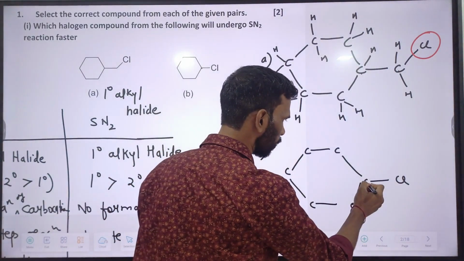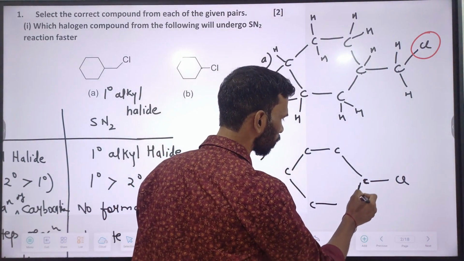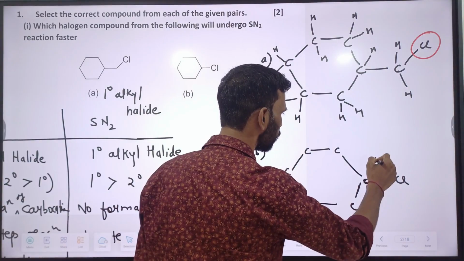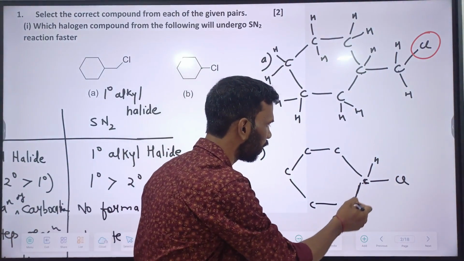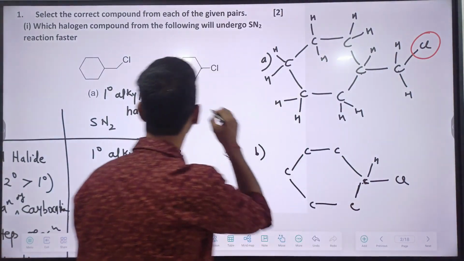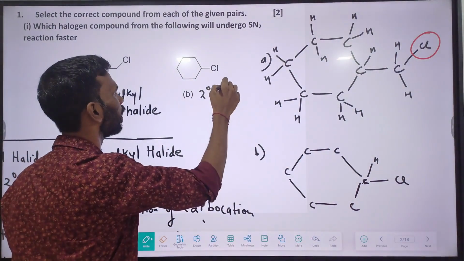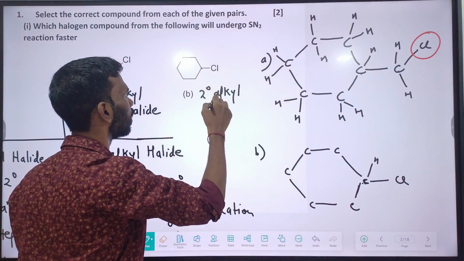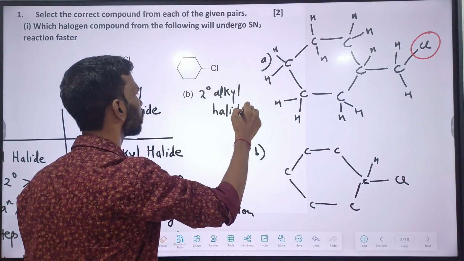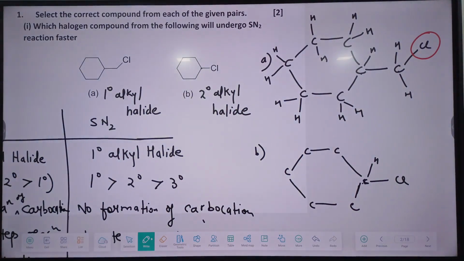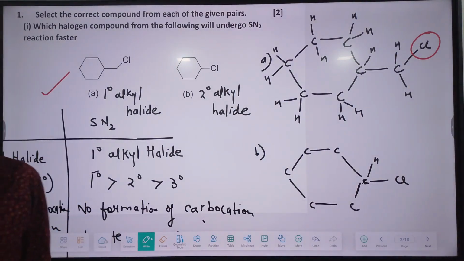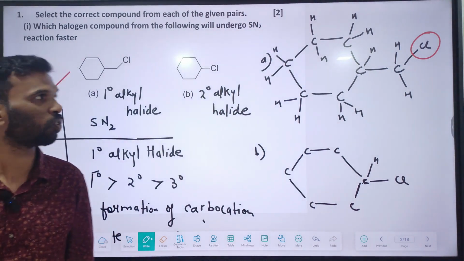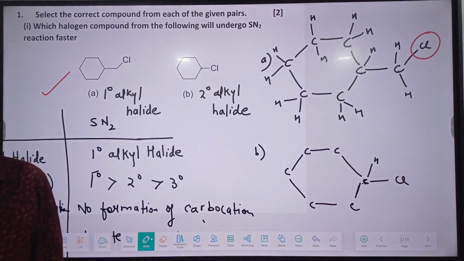So the halogen is connected to this carbon, which is directly connected to two carbons. So this is a secondary alkyl halide. For a primary alkyl halide the SN2 reaction is more favorable, so the answer is option A. Compound A is more favorable for the SN2 reaction.